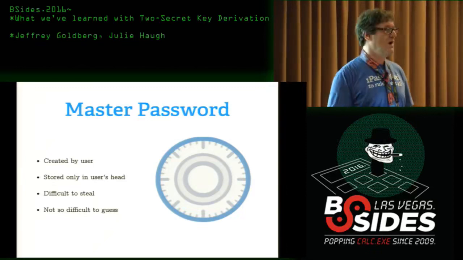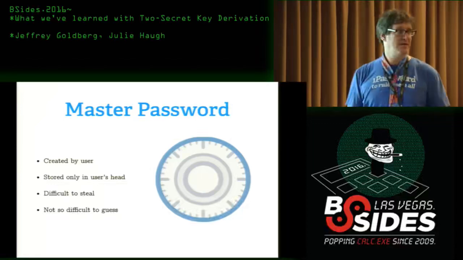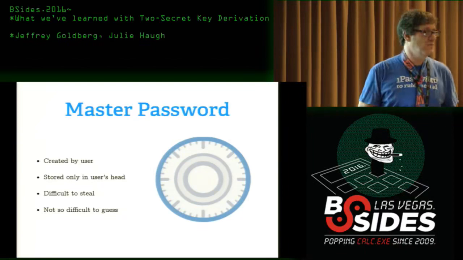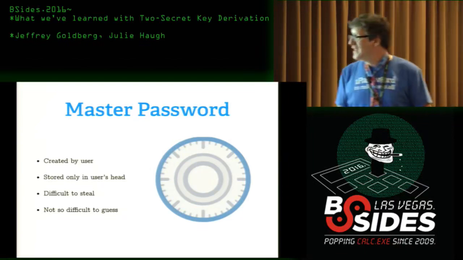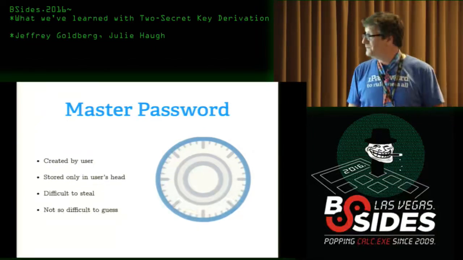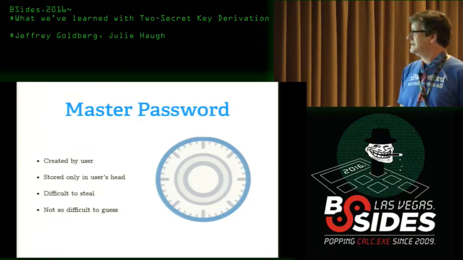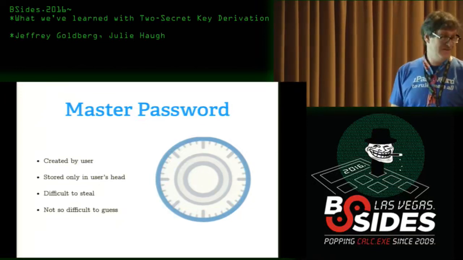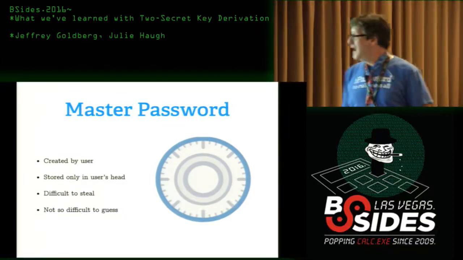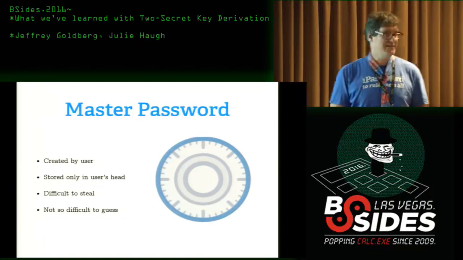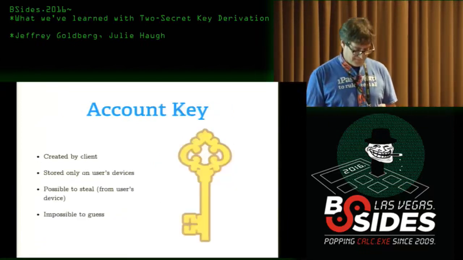It's stored only in the user's head, which makes it difficult to steal. I mean, torture's one way, but it's a human-created password. They need to remember it. They need to type it. So it is not so difficult to guess.